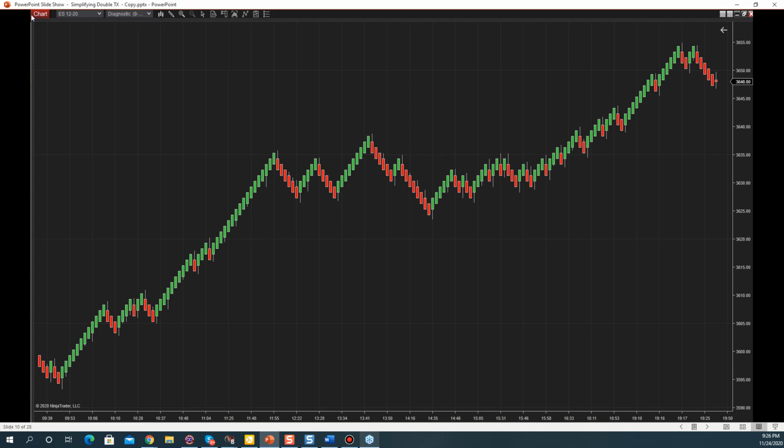Okay. So why do we generally stay out of coil chop? Well, with a regular, standard, standalone, filtered TX trade, we stay out of coil chop because sometimes coil chop could be the start of real chop, right?